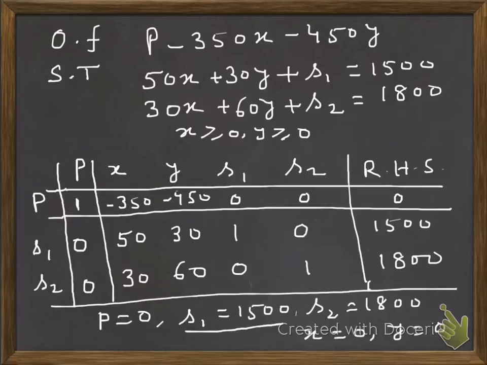But we obviously prefer to produce the product which is more profitable. So maybe we would like to produce product B and improve the profit, and to get the impact of that we will have to do some iteration. The simplex iteration we will be doing in the next video. Initial basic feasible solution table we are getting like this.